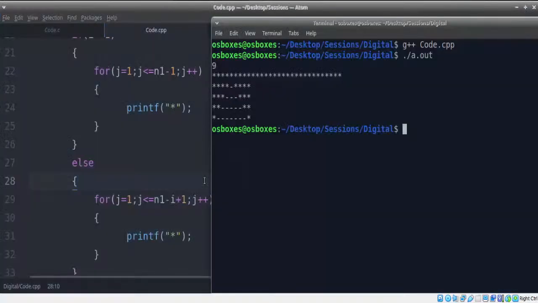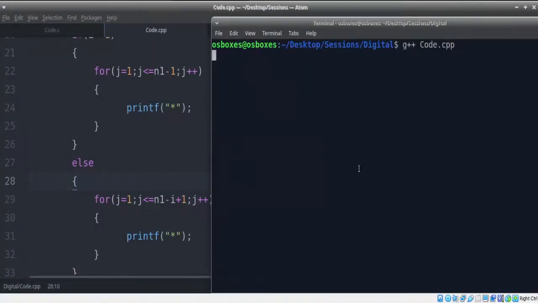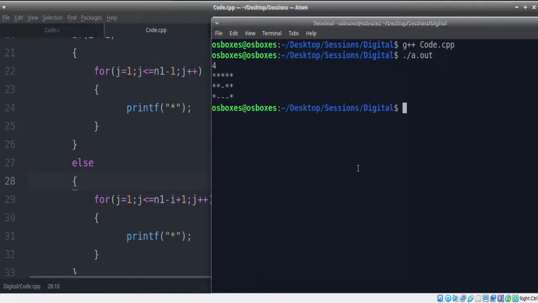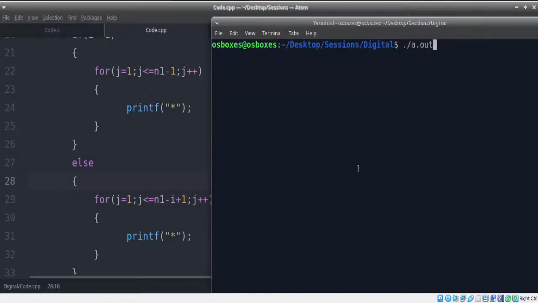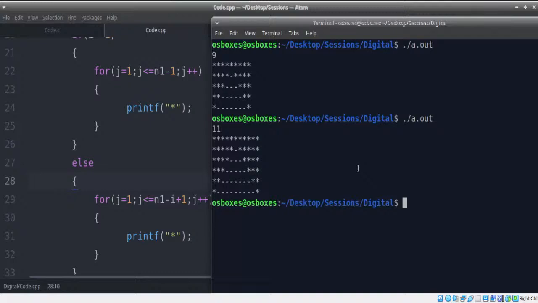Please note and remember again, this is the first half of the hollow diamond, not the entire hollow diamond. So if I give 4 over here, we're getting this. Sorry, we're not supposed to give even numbers. If I give 9 over here, we get this. If I give, let's say, 11, we get this.